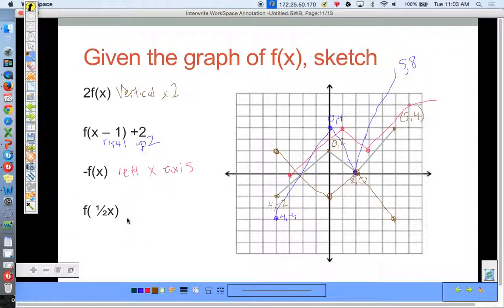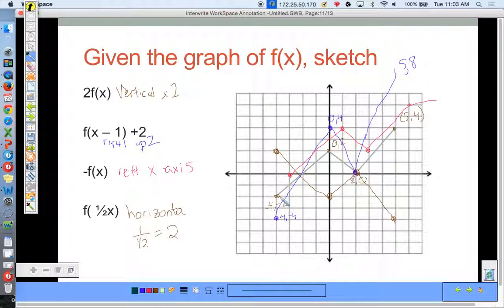And 1/2 x. So this is a horizontal, and it's 1 over 1/2, which 1 divided by 1/2 is 2. So it's a horizontal by 2. So let's see.